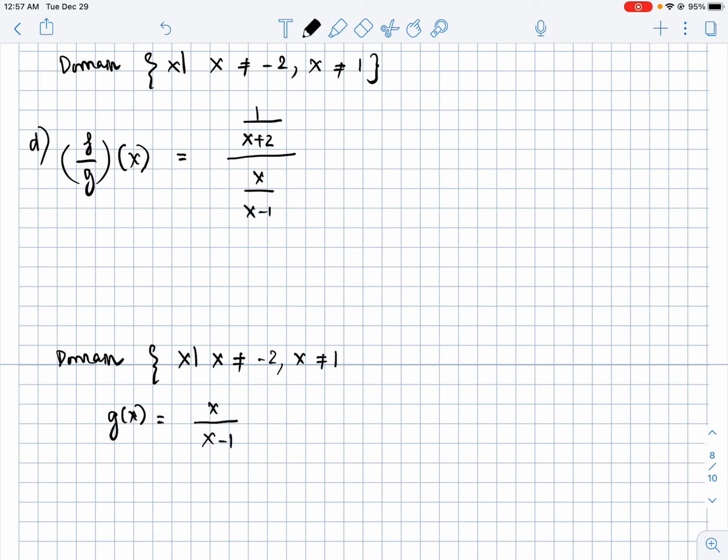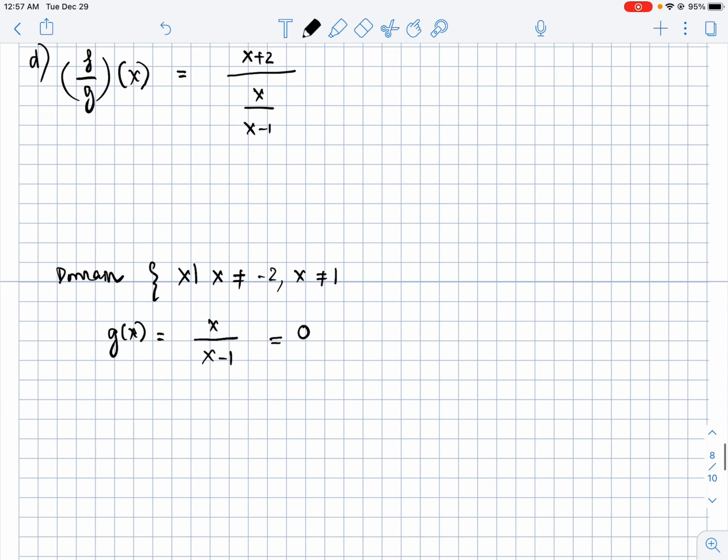So g of x is x over x minus 1. Let's think about g of x equal to 0 first. This is a fraction. If the top is equal to 0, for example 0 divided by any number, the result is 0. Then x must be 0.